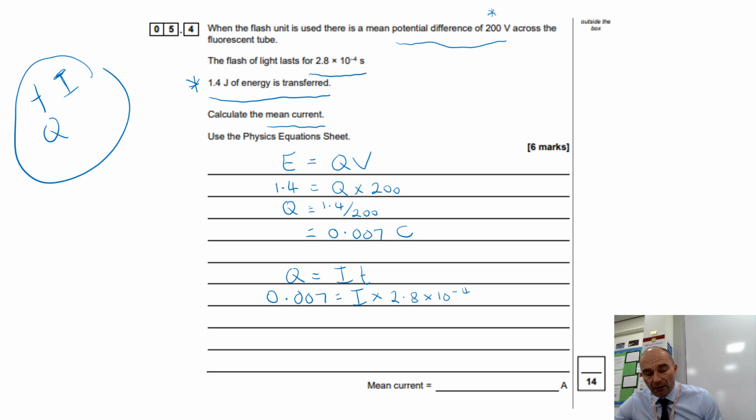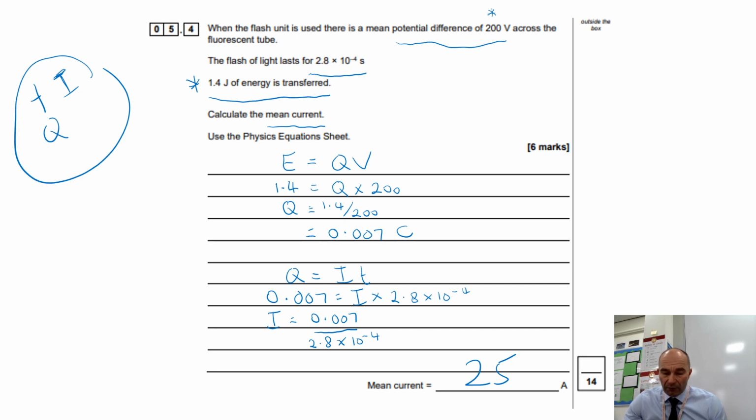So we now need to get I by itself, so we do that by dividing both sides by 2.8 times 10 to the minus 4. So the numbers we put into our calculator are 0.007 divided by 2.8 times 10 to the minus 4. And when you put those numbers in, you come out with a nice number of 25 amperes.